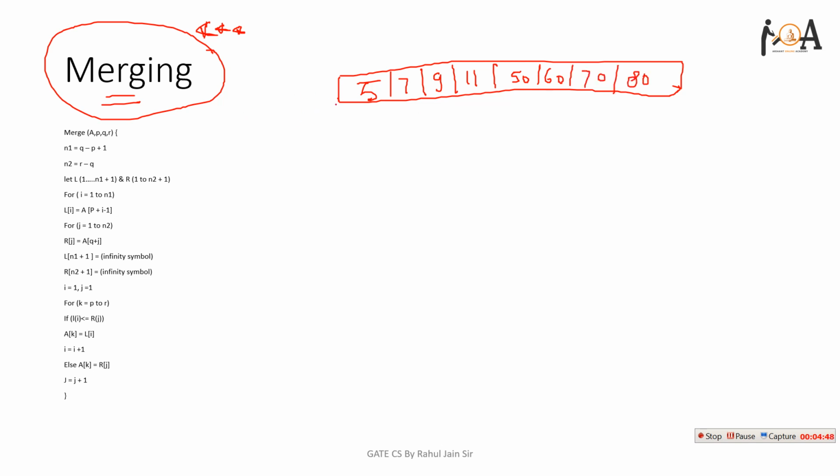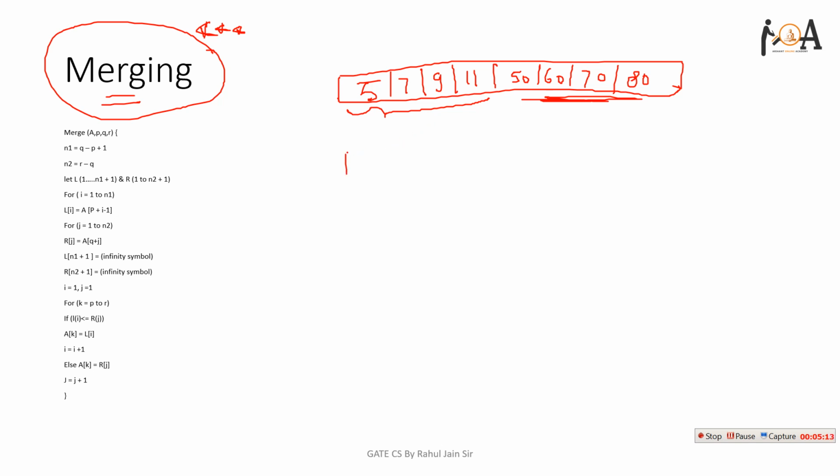Okay, this is the array which is given to us. So you can easily observe that here one sorted array is 5 7 9 11 and the other is 50 60 70 80. There are two sorted arrays in the given array, and we need to merge them by sorting.